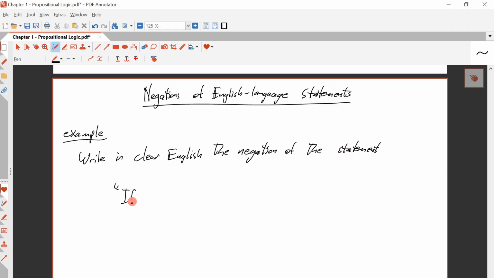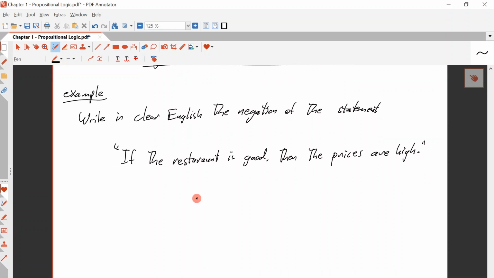if the restaurant is good, then the prices are high. So if the restaurant is good, then the prices are high.